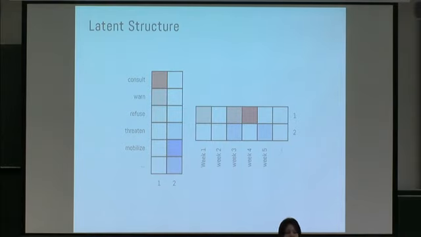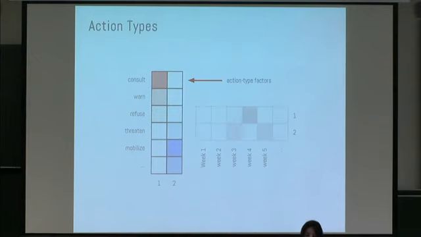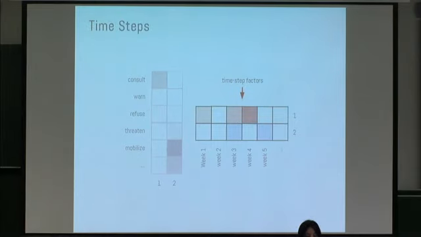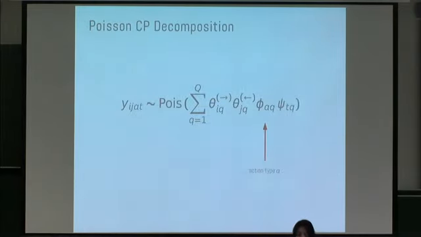All we need to do is introduce two additional factor matrices, one for action types and one for time steps. Then we just assume that each element in our count tensor was drawn from a Poisson distribution whose rate parameter involves the same stuff as before, but now additionally involves the corresponding action type and time step factors.